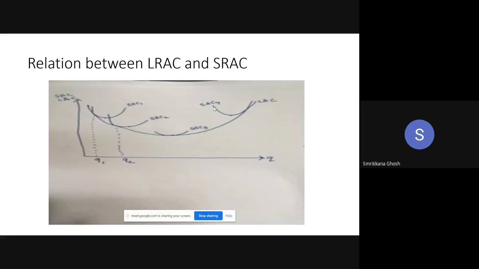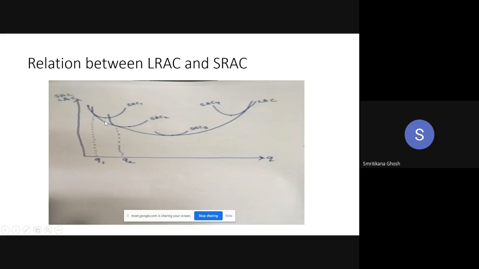I'm repeating. Except SAC3, all other short-run average cost curves are tangent to long-run average cost, but not at their minimum point. Only SAC3 is tangent to LAC at SAC's minimum point. This is obviously LAC's minimum point, but the two minimum points coincide only here. No other places.